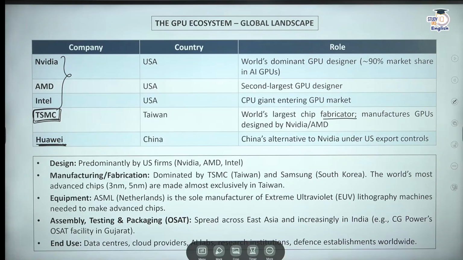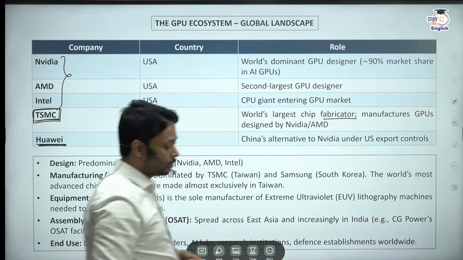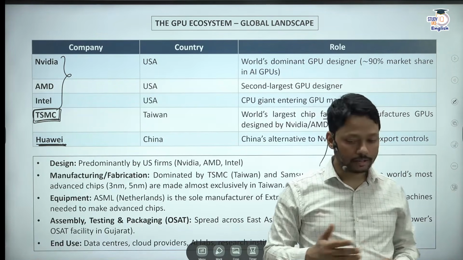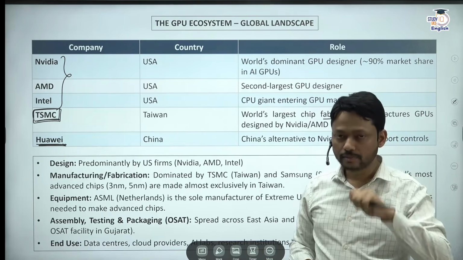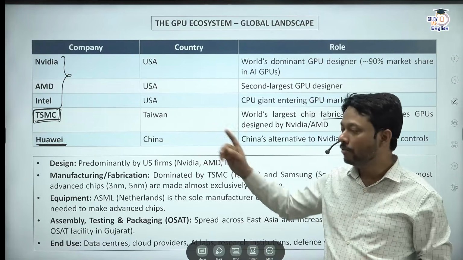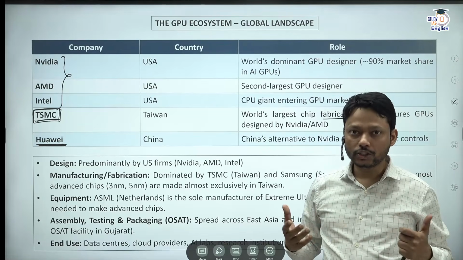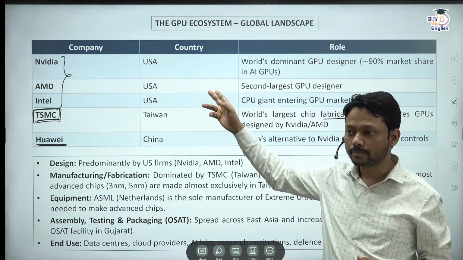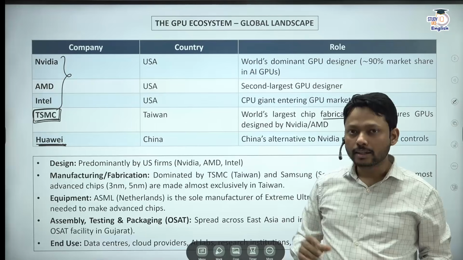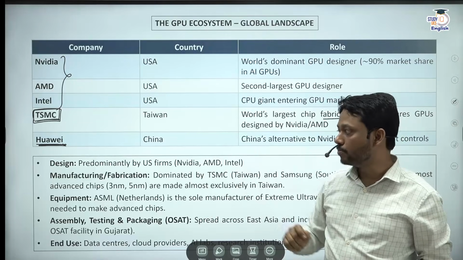Right now the share is less, but after the Donald Trump administration took an aggressive posture against China, Huawei has started to develop their own microprocessors and AI chips, as we may say, GPUs. But that is at the initial stage. Maybe in the future, Huawei will also pick up.